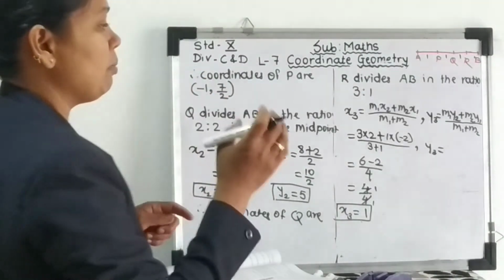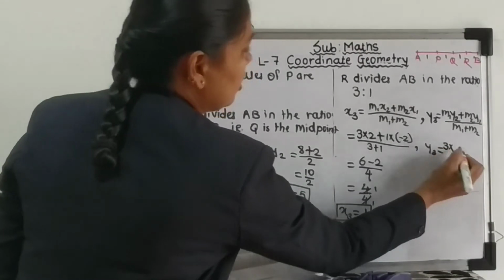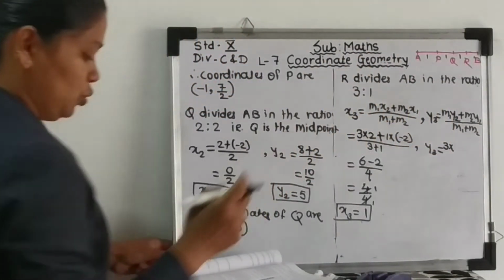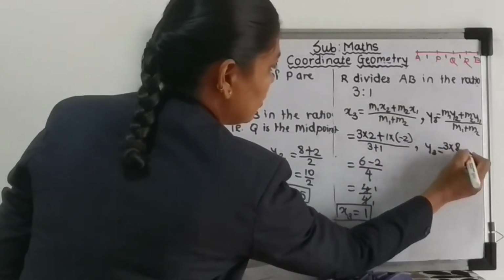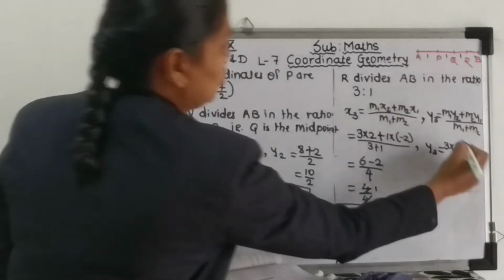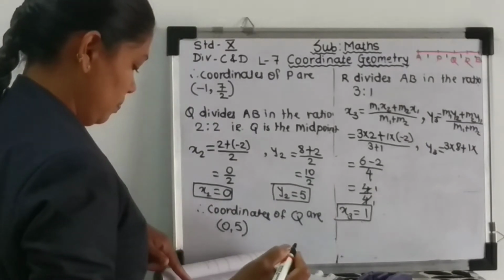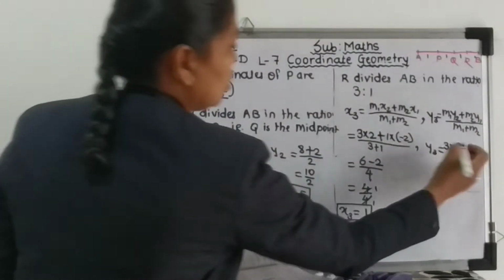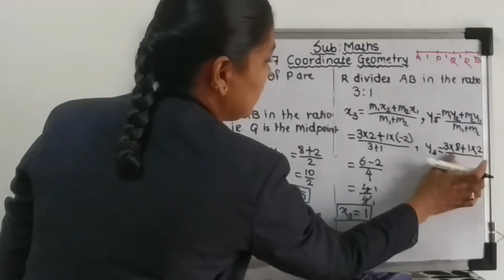So it will be by heart to you. So m1 is what? 3 into y2. y2 is 8, plus m2 is 1 into y1. y1 is 2, upon 3 plus 1.